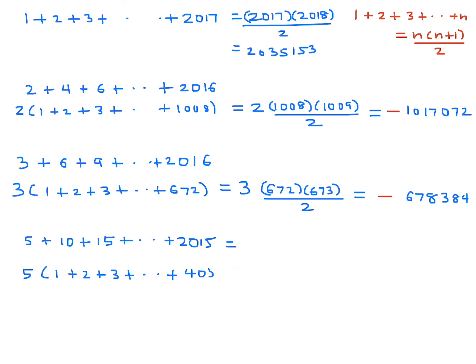Okay, now let's use the formula again. So we have basically a 5 out front, and then we have 403 times 404 divided by 2, and that is 407030. And we have to subtract these.